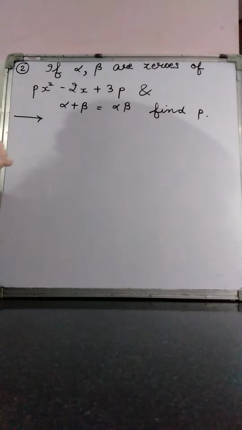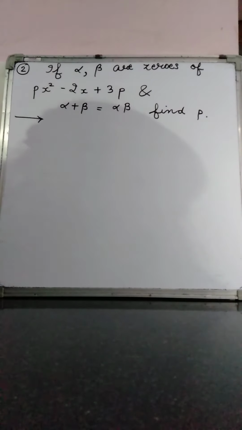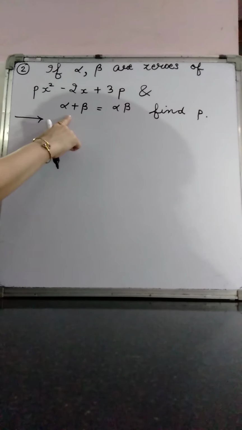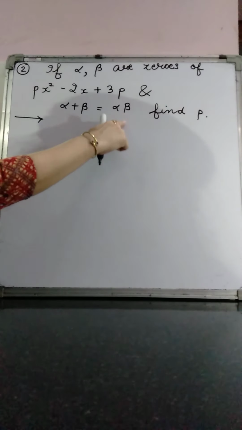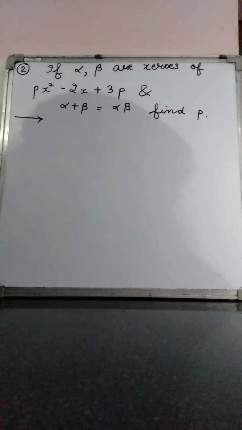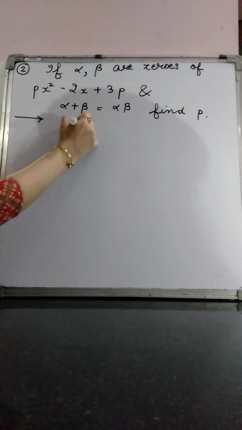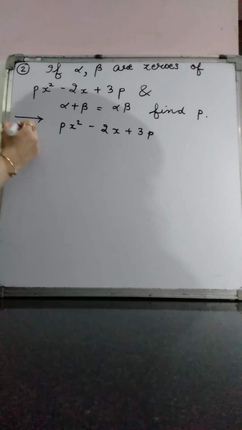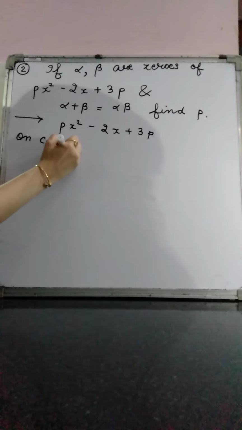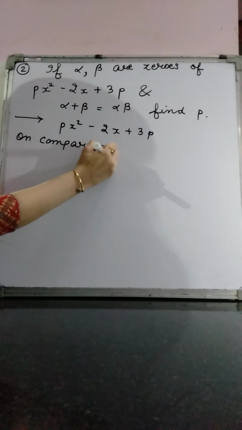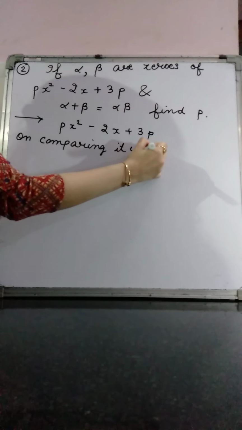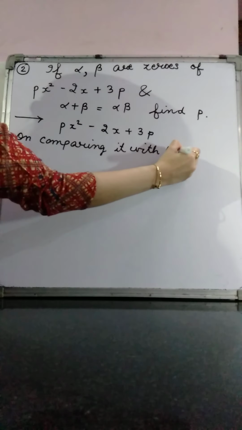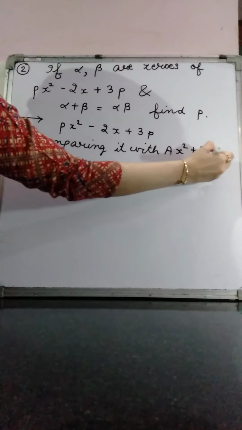Now the second question is: if alpha and beta are the zeros of this polynomial and the condition given is alpha plus beta is equal to alpha beta, find the value of p. First of all, compare it with ax square plus bx plus c.